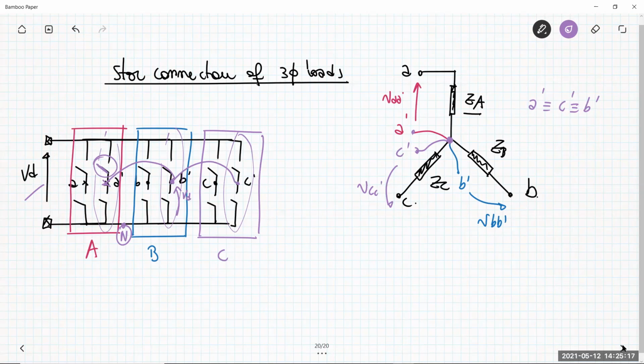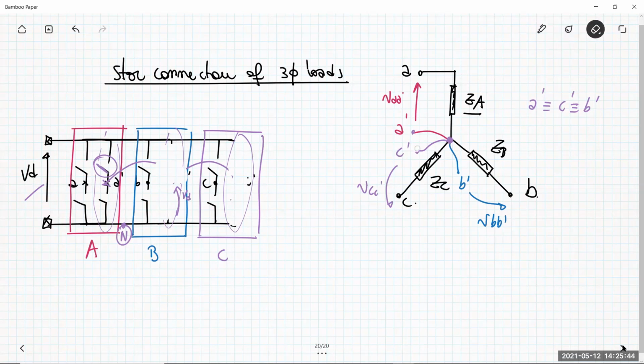Okay, so it means that, for example, I can eliminate the leg C prime. I can eliminate the leg B prime. Since I have this redundant, dependent configuration, I can have this leg eliminated.